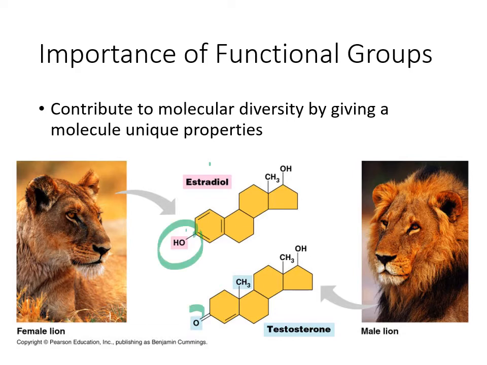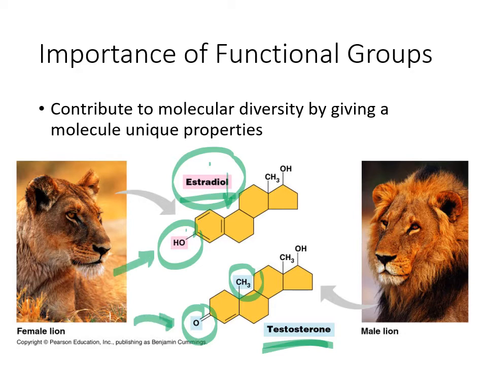So you have an OH versus a double bonded O, and this one here has a methyl functional group on it, and there is none on this one. So not that big of changes. However, it gives you the difference between a hormone that males will use for certain secondary sex characteristics versus a hormone that is more common within females. And so you can see this estradiol versus testosterone can have huge biological implications with only very small molecular changes.